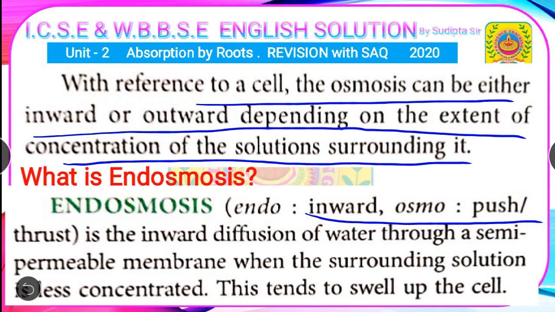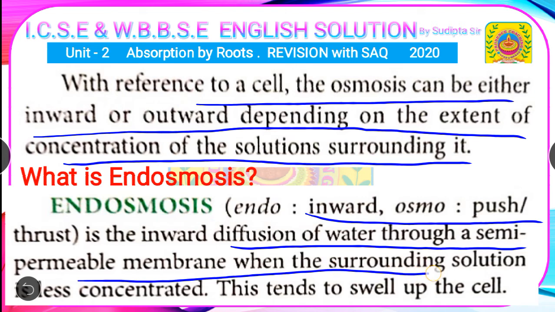Apart from its definition, its application is most important for your exam. Endosmosis is the inward diffusion of water through a semi-permeable membrane when the surrounding solution is less concentrated. This tends to swell up the cell. So the application of endosmosis is that due to endosmosis a cell swells up.